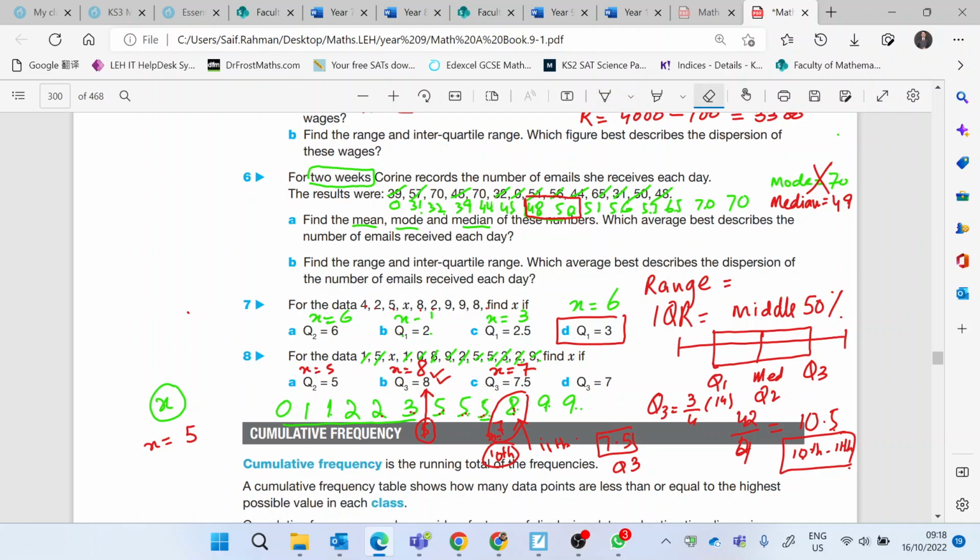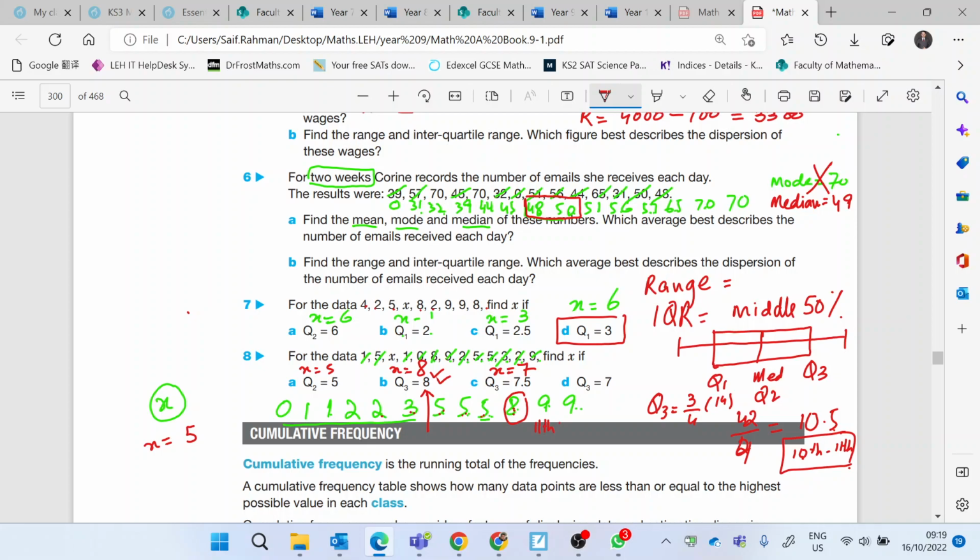Okay, let me erase this one so that we can write for our next condition. And the next condition is Q3 should be 7. So this number here is the 11th value.